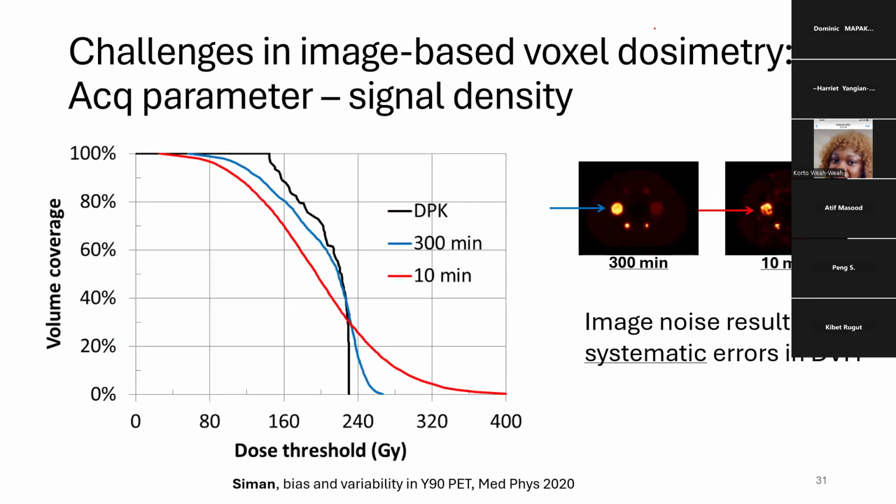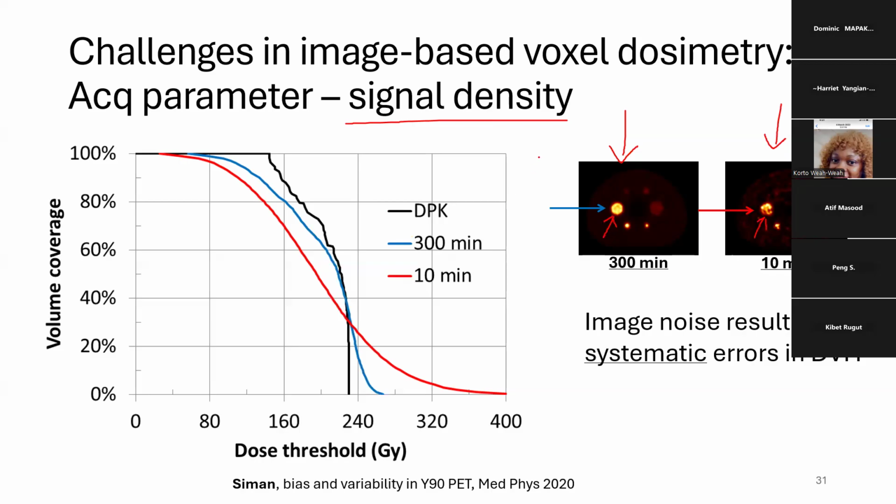And this is the signal density for Y90, and these are the same images that I showed you earlier. On the left side is a 5-hour acquisition, and this is a 10-minute acquisition. You can appreciate how the image changes from uniform to very clustered.